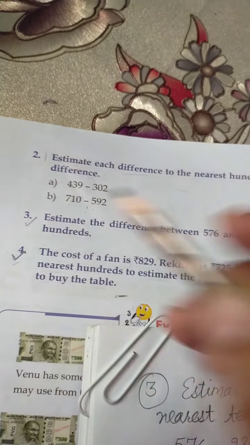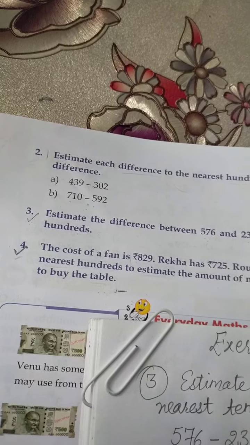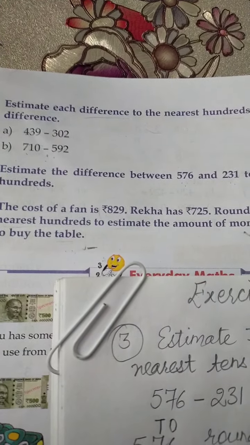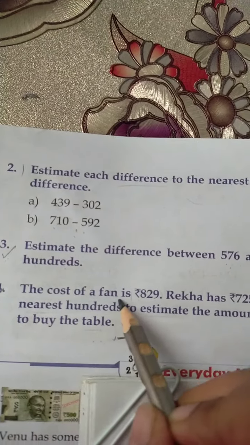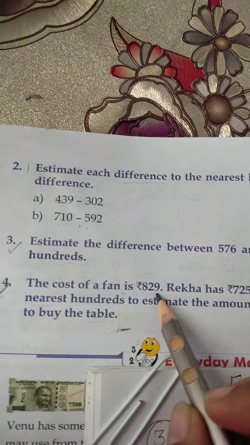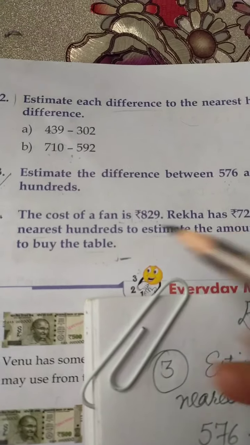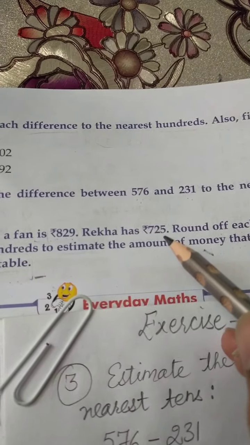Now let's do sum number 4. Here in sum number 4, what do we have to do? Firstly, we will read the statement carefully. The cost of a fan is 829 rupees. Rekha has rupees 725.